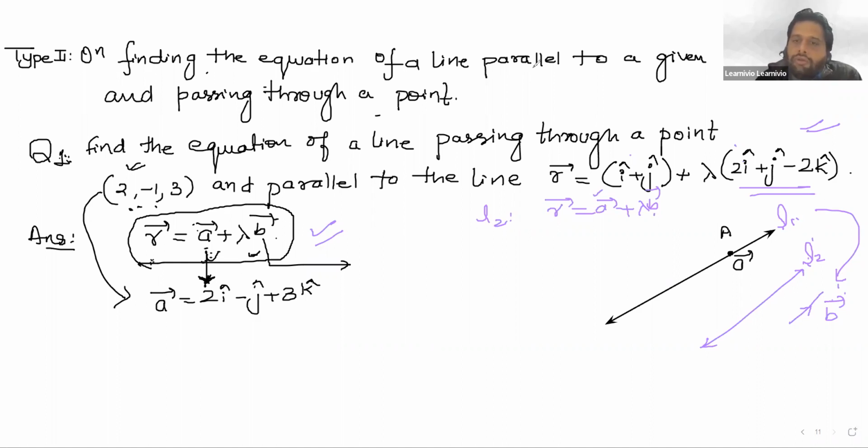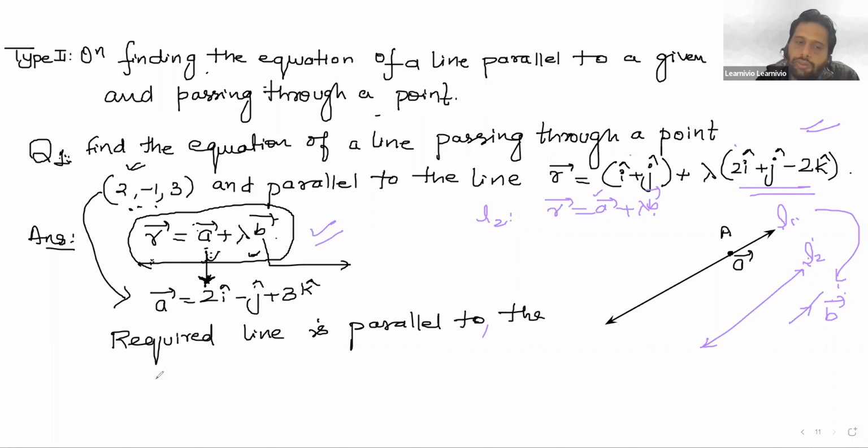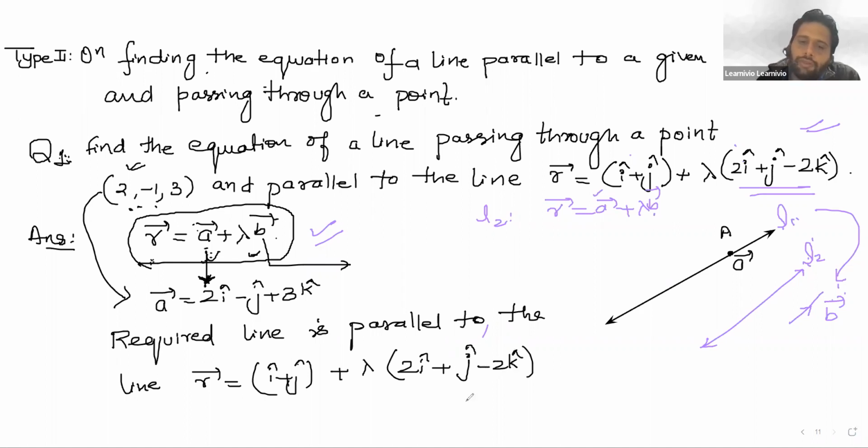So we can write: the required line is parallel to the line r equal to i cap plus j cap plus lambda times of 2i cap plus j cap minus 2k cap.